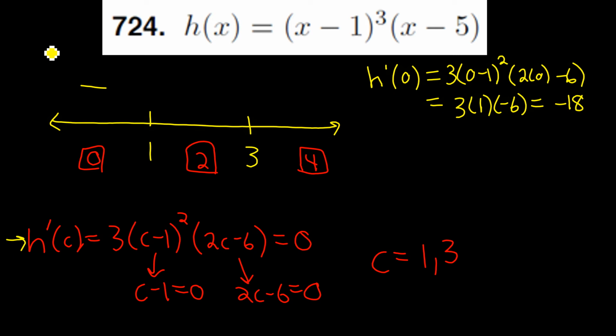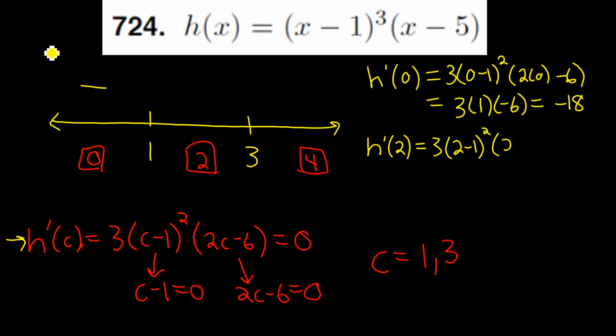So we've got to do h prime of 1, or excuse me, 2. I can't use the critical number. H prime of 2, so we get 3 times 2 minus 1 squared times 2 times 2 minus 6.